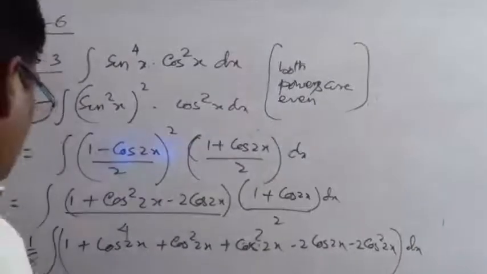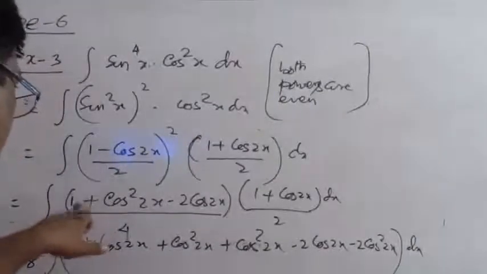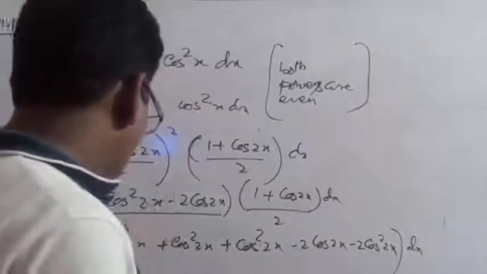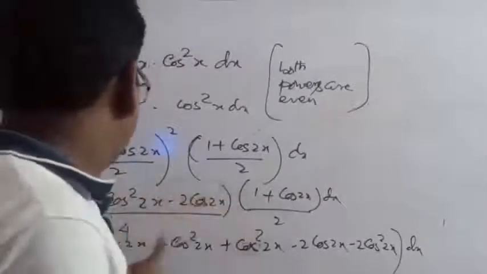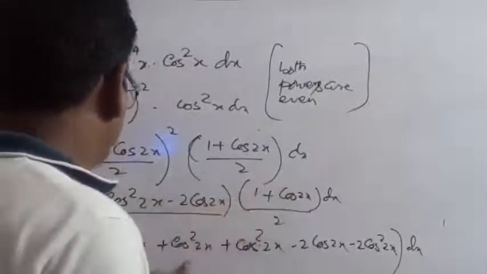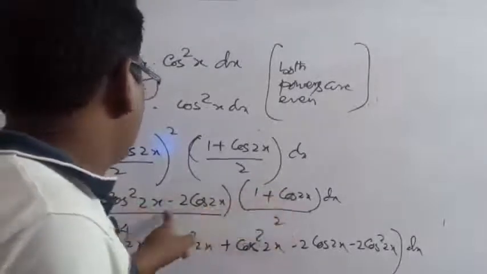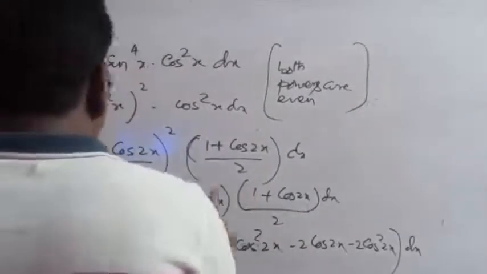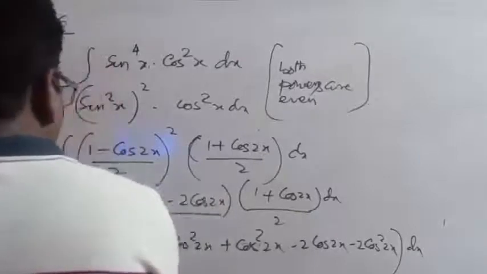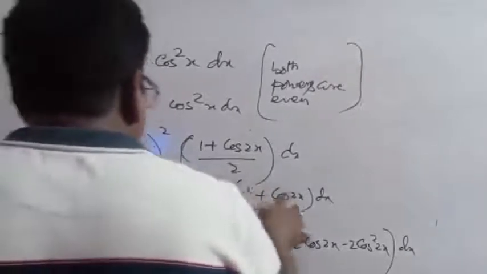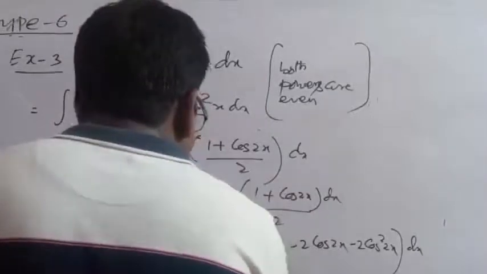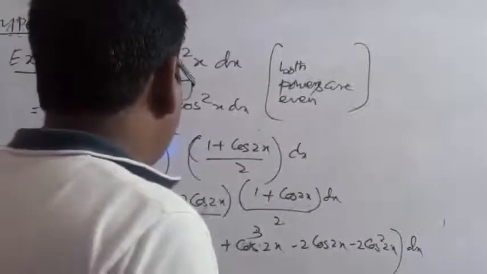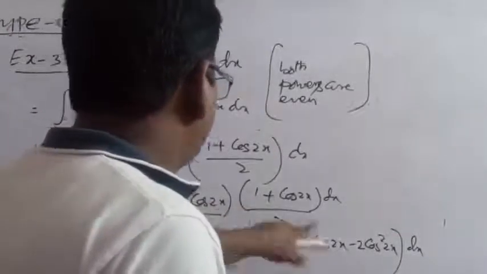Check again, it is the formula (1 minus b) whole square, a square plus b square minus 2ab, and this remains as it is. Multiply: 1 into cos 2x, then cos square 2x into 1 is cos square 2x, cos square 2x into cos 2x is cos cube 2x. So 1 and 1 cos 2x, then cos square 2x, and cos cube 2x, then minus 2 cos 2x, and minus 2 cos square 2x.